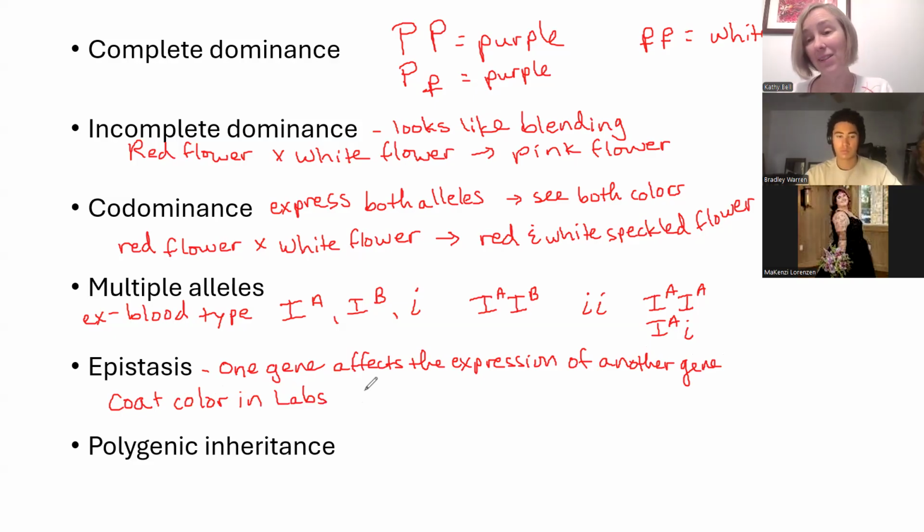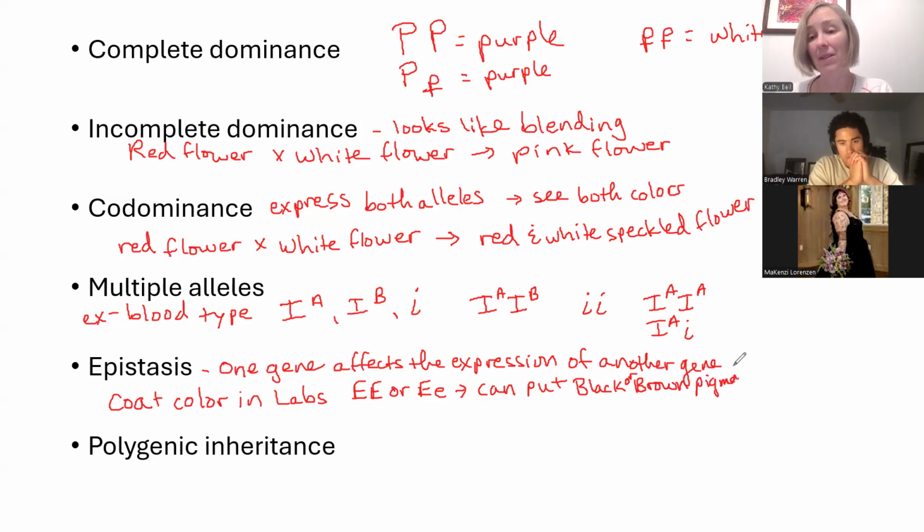There's this E gene, and if you have a big E, you can put the black or brown pigment down, so you get a black or a chocolate lab.